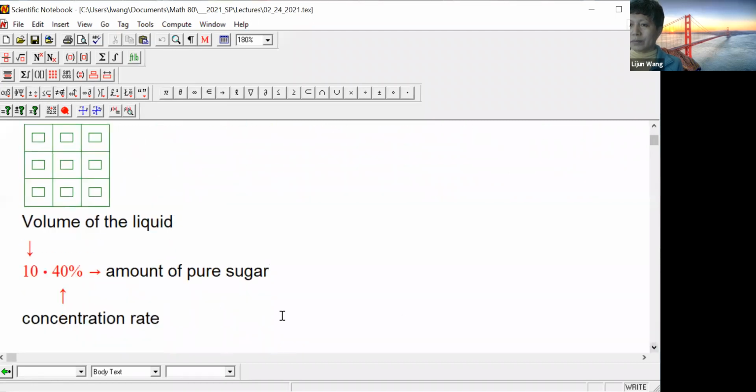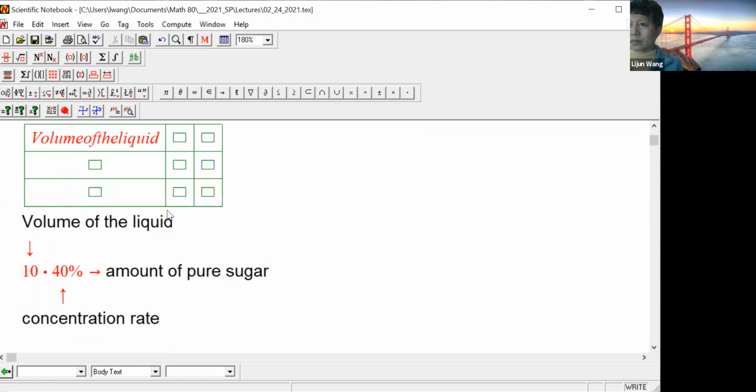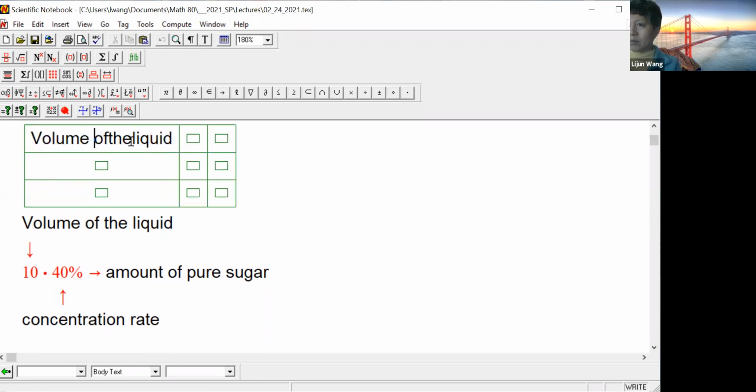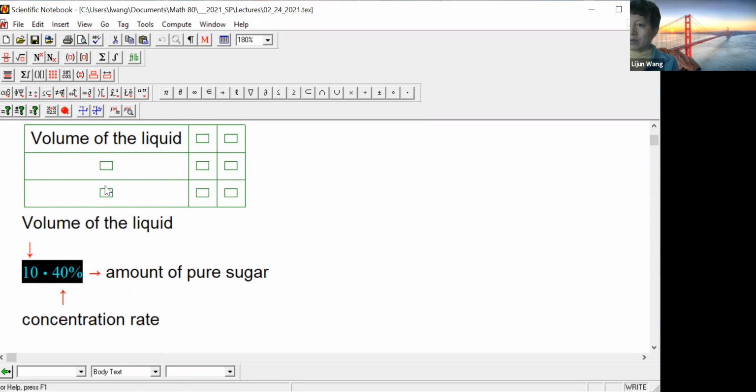Volume of the liquid. We did something similar. So that 10 times 40%, and the 40% is a concentration.